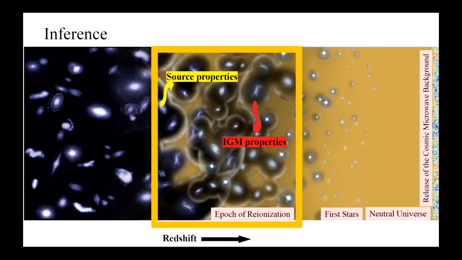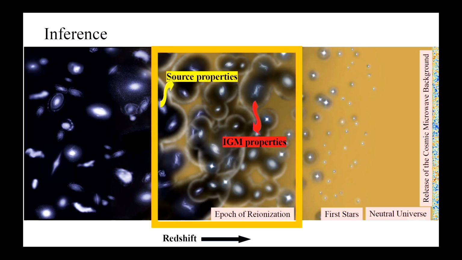So when I am talking about inference, two things are mostly focused on. One is the properties of sources, because the strength of the signal is mostly determined by what type of sources are there, and how many sources are there in that particular region which we are probing. This source property inference is the focus of many teams.